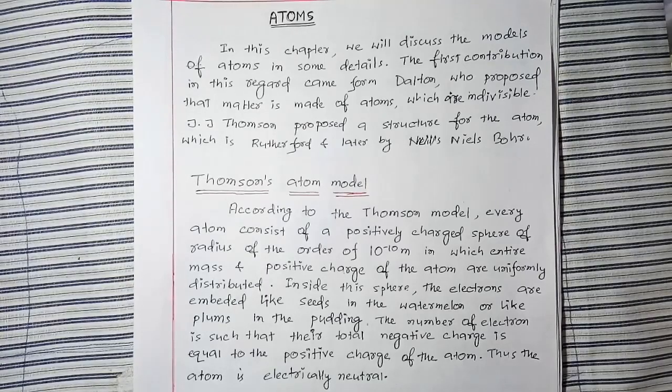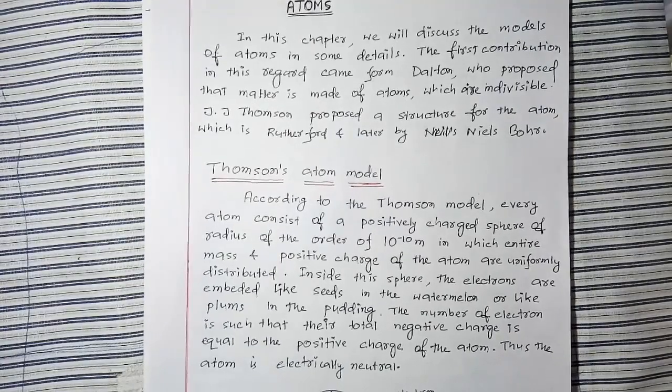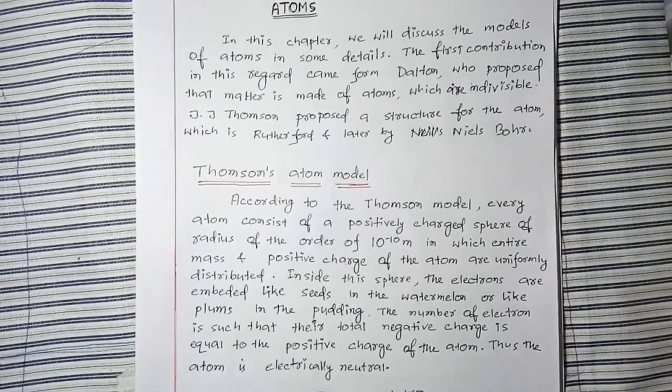Okay, then to have a detailed study of the atoms, we have different models. The first model was what? Thomson plum pudding model, J.J. Thomson plum pudding model. And according to the J.J. Thomson model, what will happen? Like in a watermelon, we have the seeds, right?